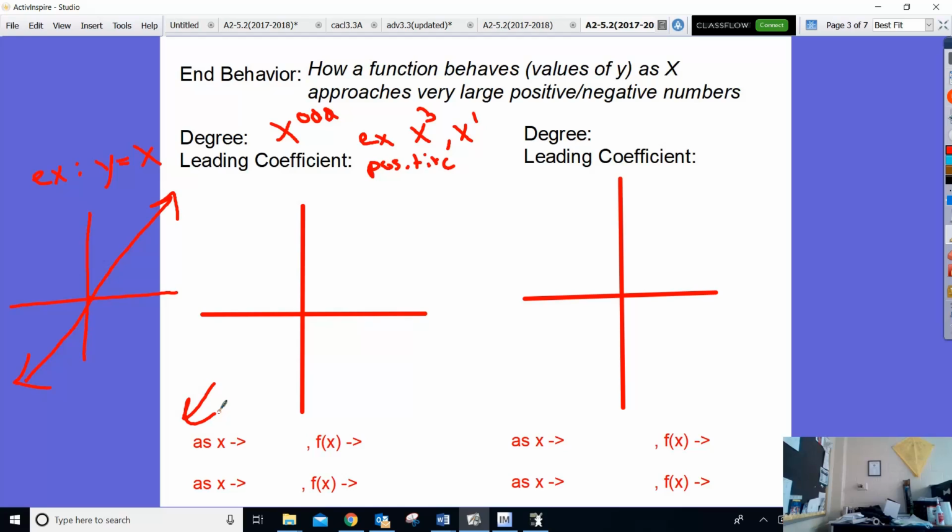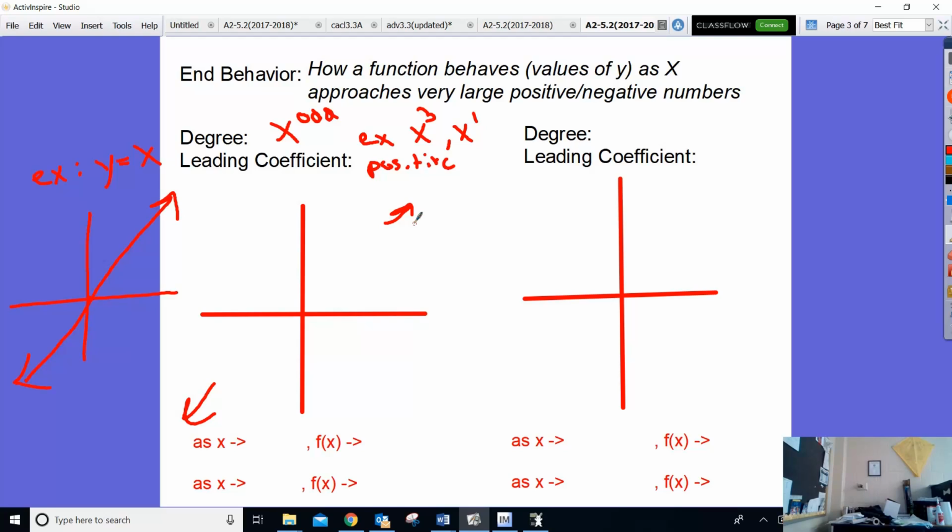Starts down here, ends up there. Everything with an odd exponent behaves the same way. It starts low on the left and ends high on the right. X to the fifth looks the same. They all start low and end high.